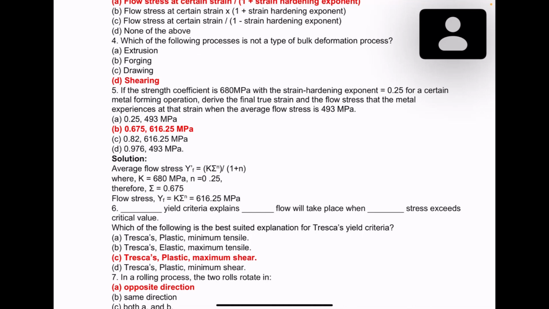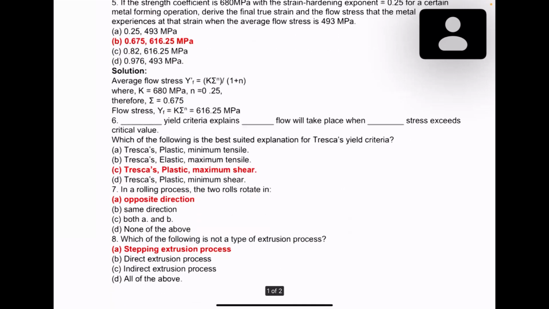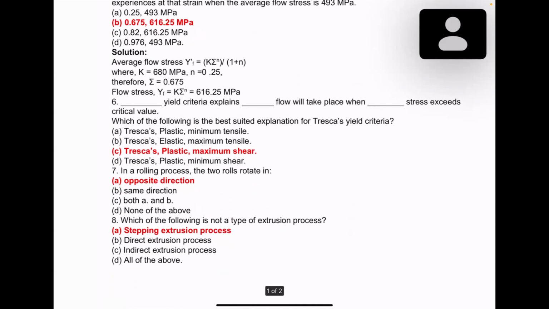Okay, so the sixth question was to find what yield criteria explained dash flow will take place when the stress exceeds your critical value. So the first blank is common for all.